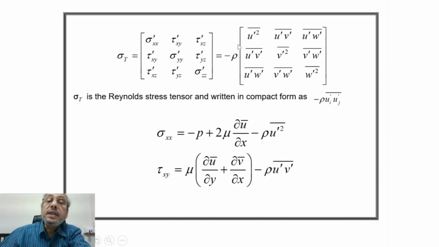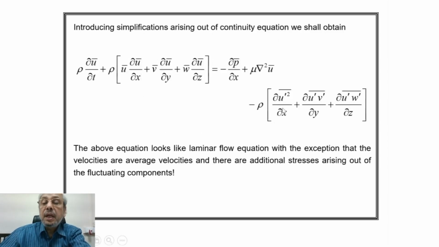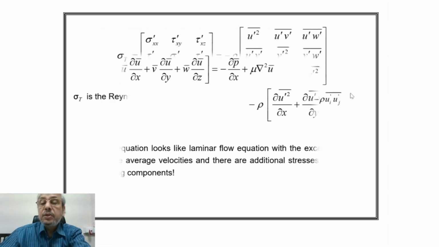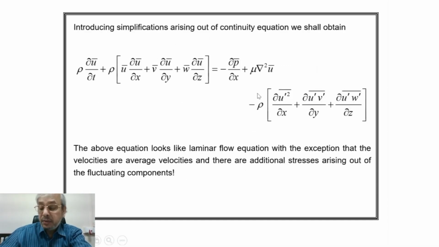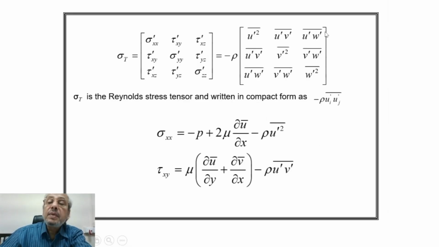Sigma t is then, here we have written del del x of u prime square bar, del del y of u prime v prime bar, del del z of u prime w prime bar. So basically gradients of them will appear in the equation, but we can write them in terms of the fluctuating components: u prime square bar, u prime v prime bar, u prime w prime bar.